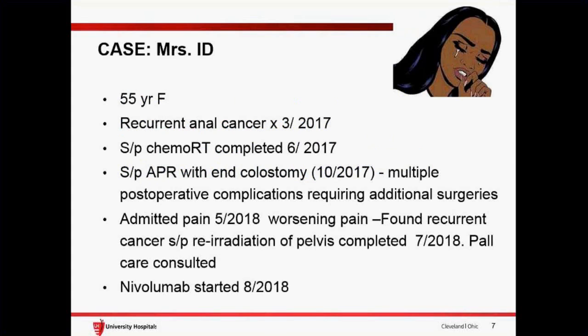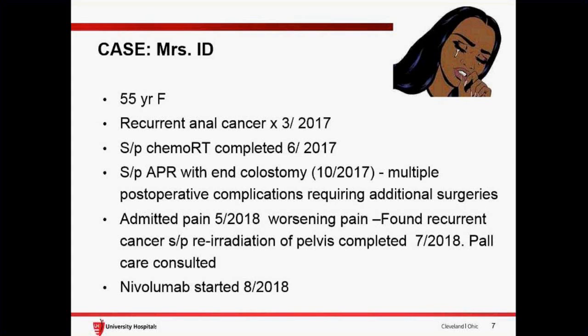She's a 55-year-old female with recurrent anal cancer diagnosed in March of 2017, received chemo and radiation, which was completed in June 2017, and had surgery with colostomy again in the same year, and has had multiple post-operative complications requiring additional surgeries. She was admitted in May 2018 with worsening pain and found to have recurrent cancer and underwent radiation of the pelvis. And at that time, palliative care was consulted.